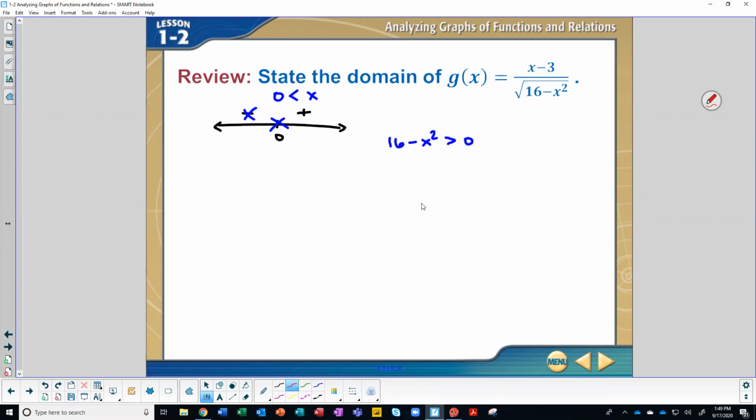Let's do some algebra 1. What will we do first? Subtract 16. Okay, subtract 16. So negative x squared is greater than negative 16.